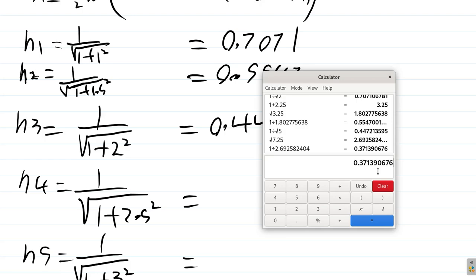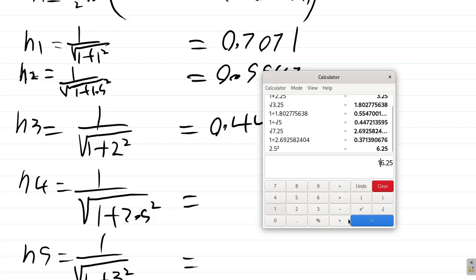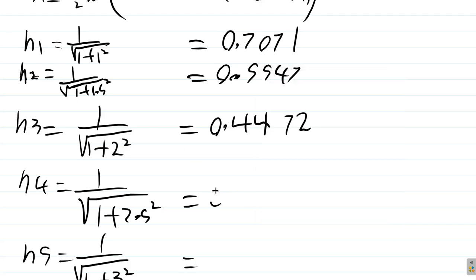Right? So that's 2.5 squared, 1 plus that, square root, 1 over, equals 0.3714. So we have H4 is 0.3714. Alright.